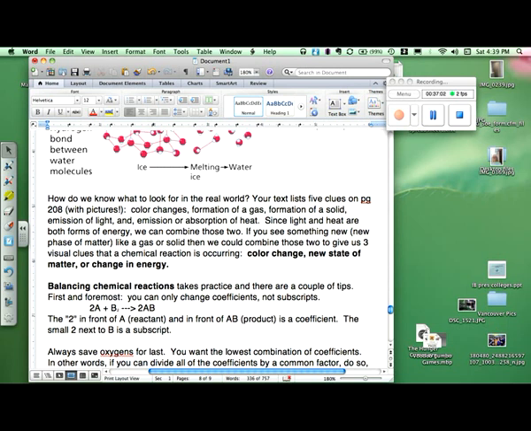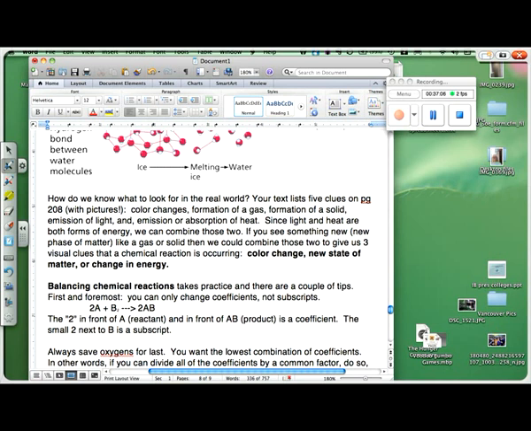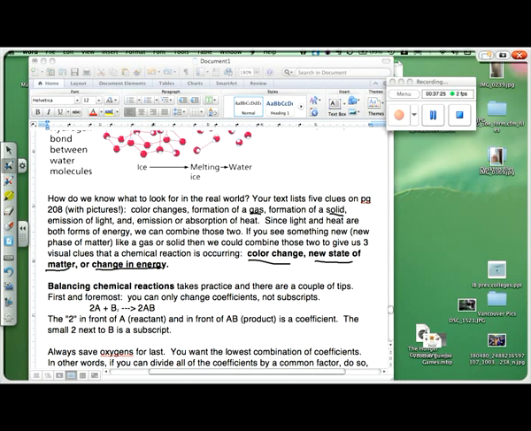I contend that since light and heat are both forms of energy, we can combine those two. And if you see a new phase of matter, like a gas or a solid, I say we can combine those two as well to give us 3 visual clues: color change, new state of matter that wasn't there before, or a change in energy.